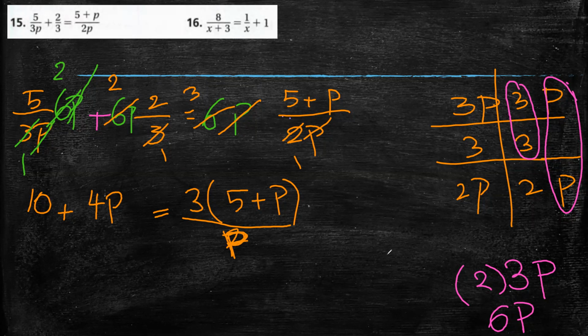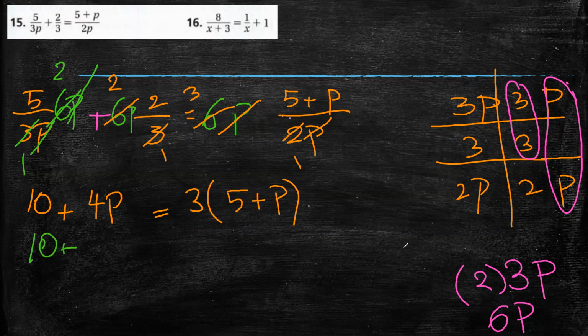Because when you find the least common denominator, it must cancel the denominators. If it does not, revise it and recalculate. So after you multiply, you have this answer. Now let's simplify it.